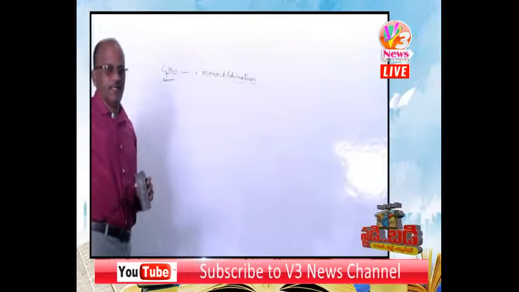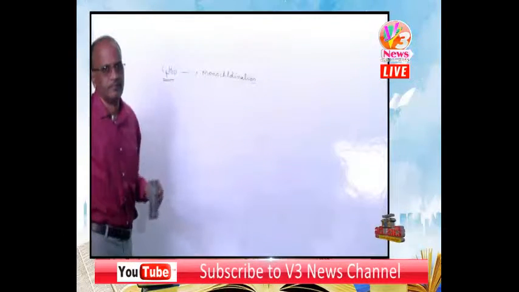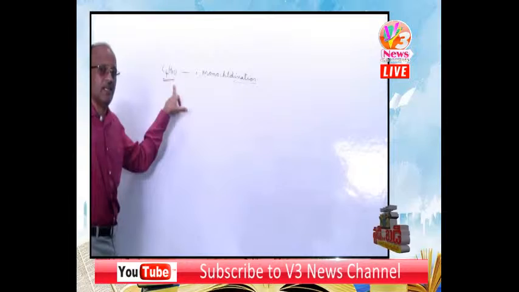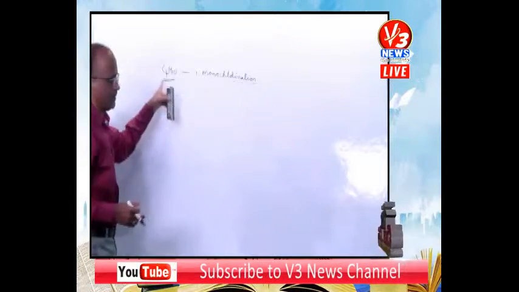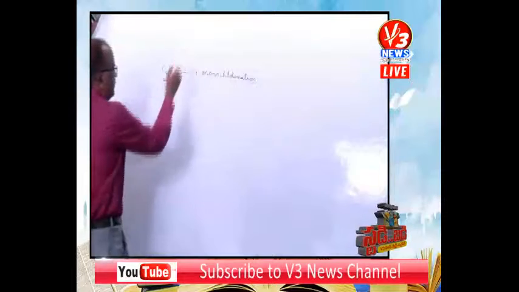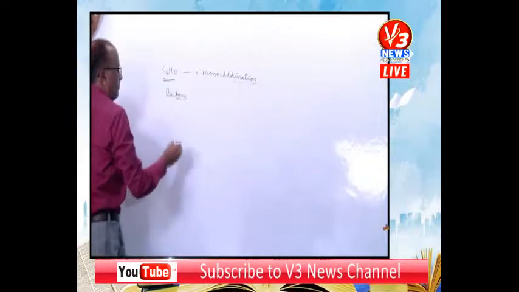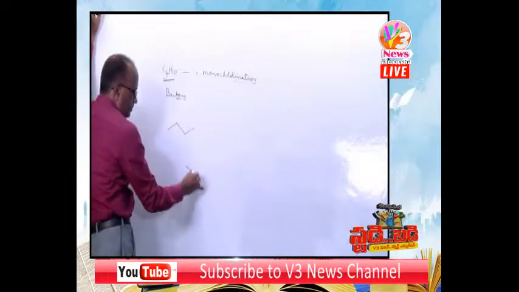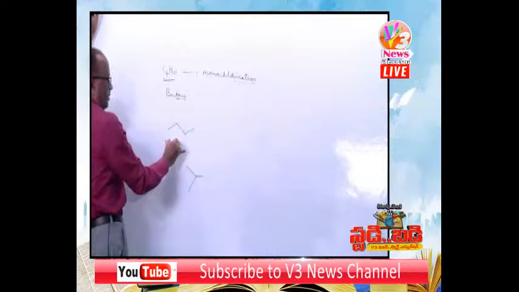Monochlorination means replacement of one hydrogen by a chlorine. For that, first we have to write what are the possible structural isomers of this one, chain isomers of this one. What is this one? Butane. So for butane, how many isomers are there? N-butane and another one, isobutane.